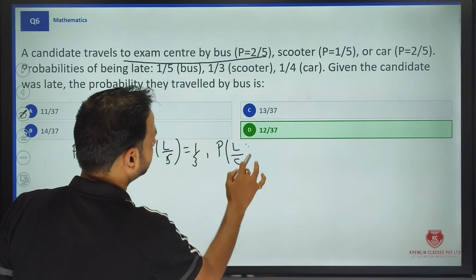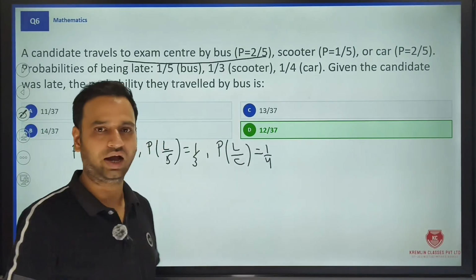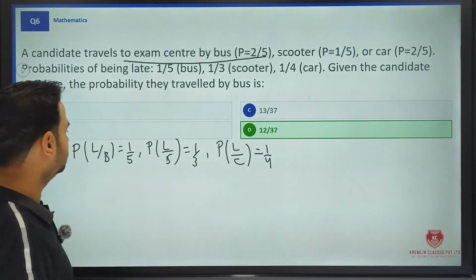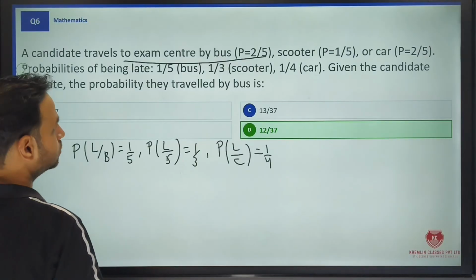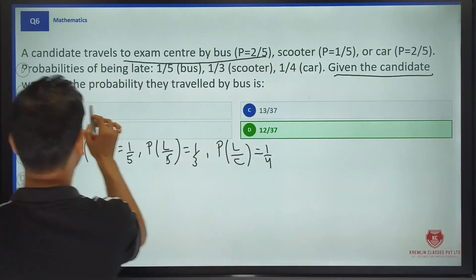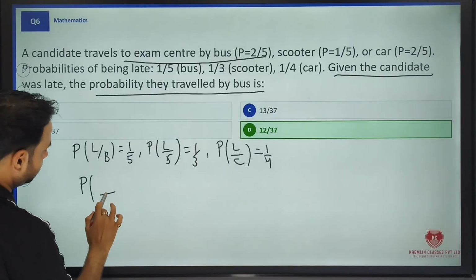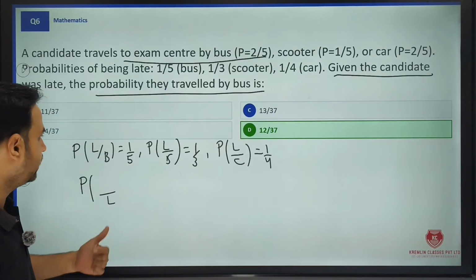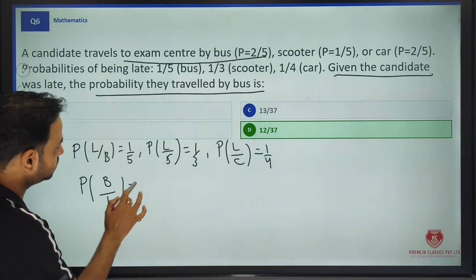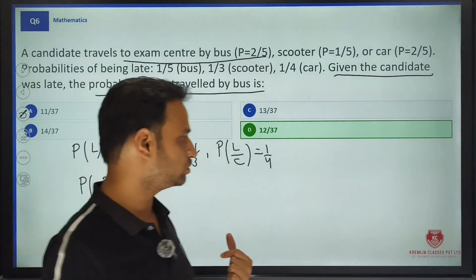Late by car 1 by 4. I hope this is clear. And we have to find out given the candidate was late, the probability he traveled by bus. So this is a reverse probability, Bayes theorem.